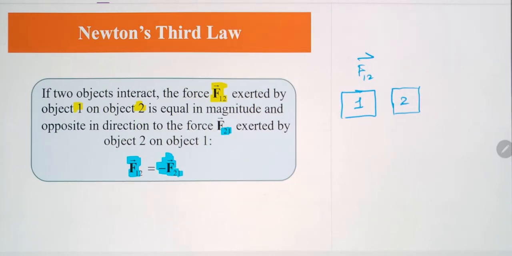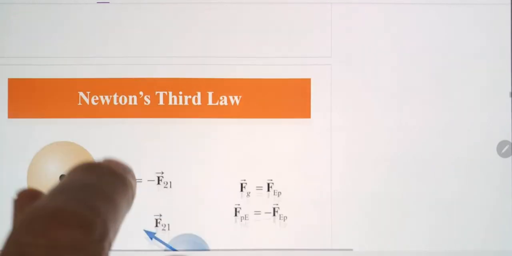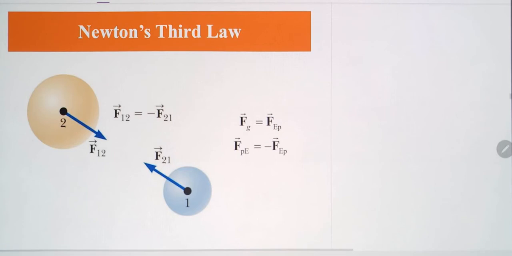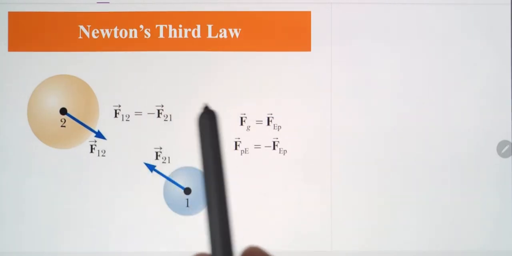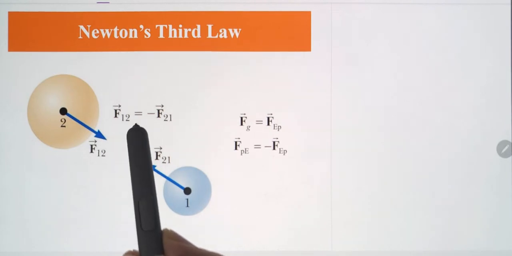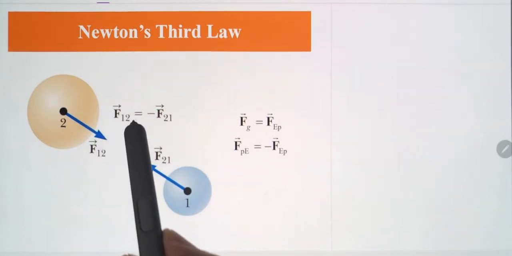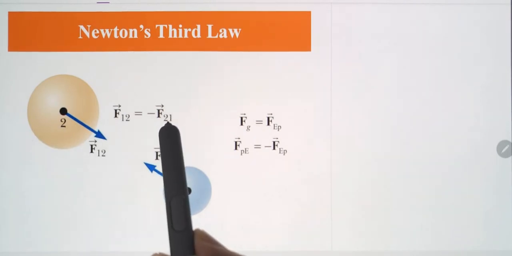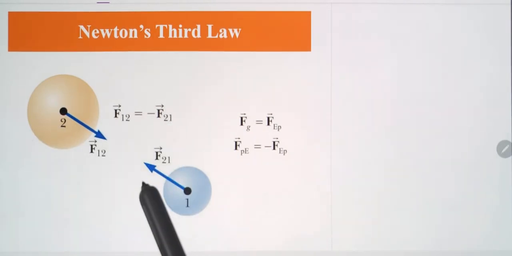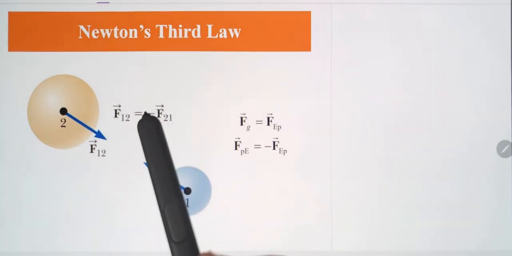Same magnitude, opposite direction. Here we have 1, 2, that means the force applied by object 1 on object 2. F21 means the force applied by object 2 on object 1, and the minus sign means in the opposite direction.